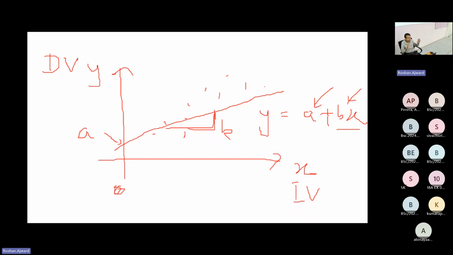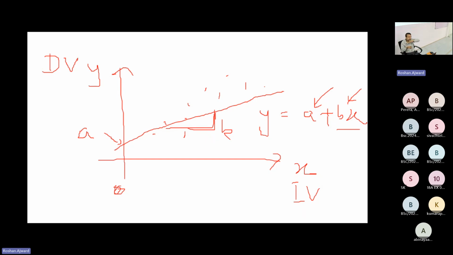So here, let me summarize what I told. I told that we can draw a scatter plot diagram between independent and dependent variables. Here I took several examples, but finally I took the income and the rice consumption of individuals. So I take 1,000 people and I draw a scatter plot diagram.